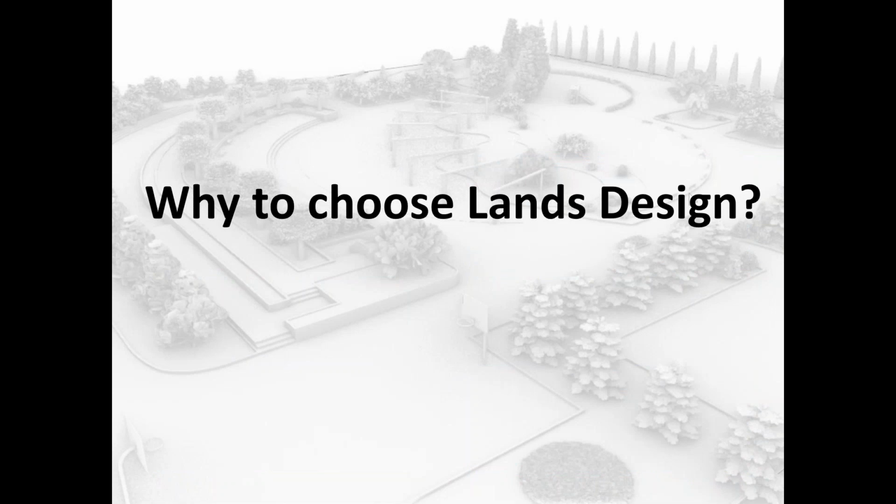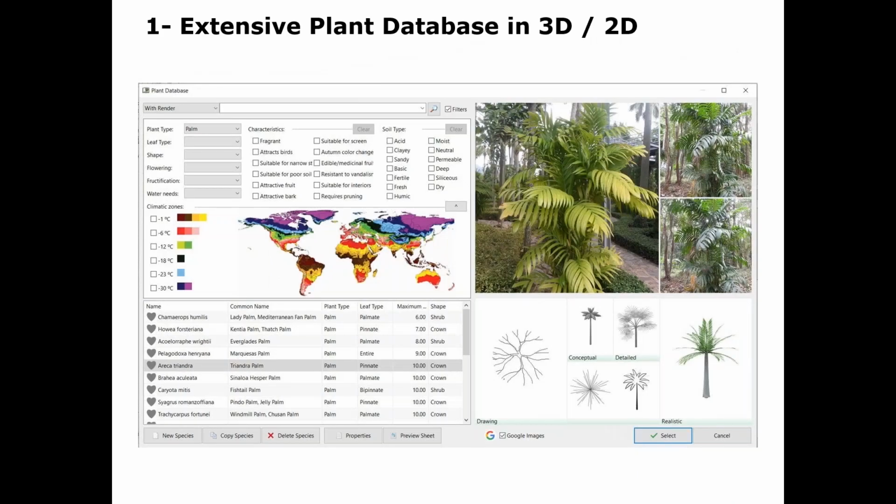So why choose Land Design? I'm going to stress its main powerful features. First of all, Land Design contains an extensive plant database in 3D and 2D. The plant database has several features that let you select the adequate plant according to the characteristics, the soil type, and different characteristics.